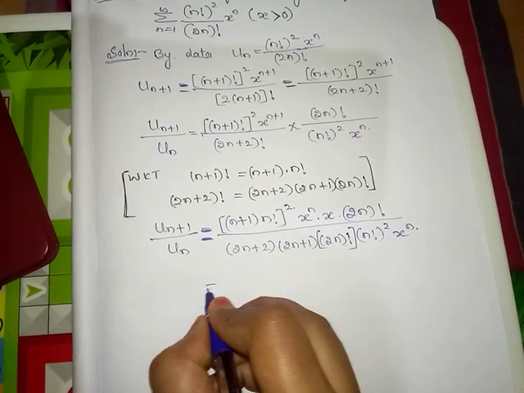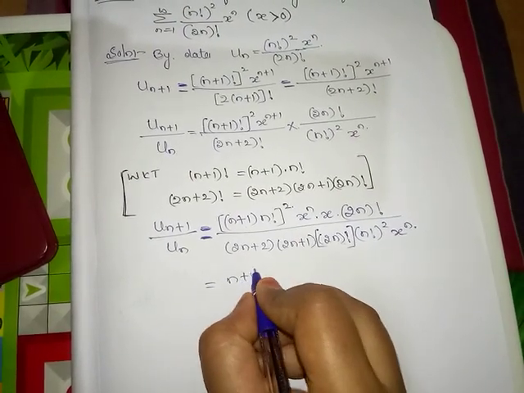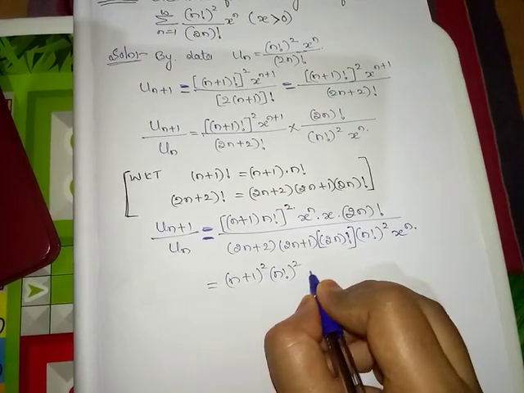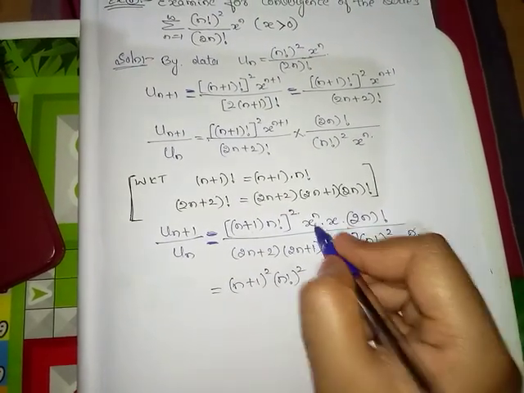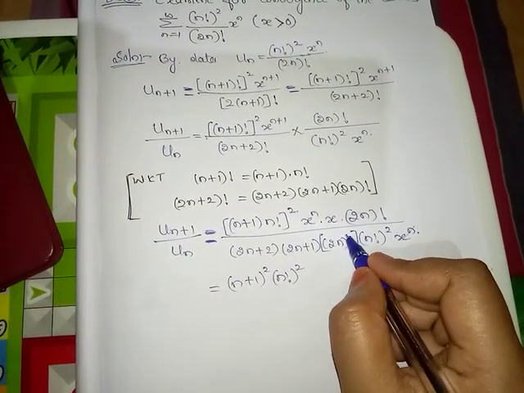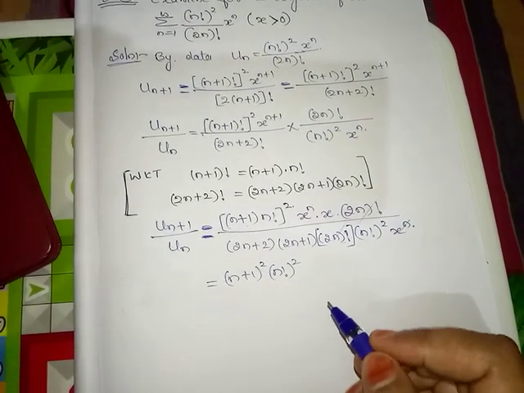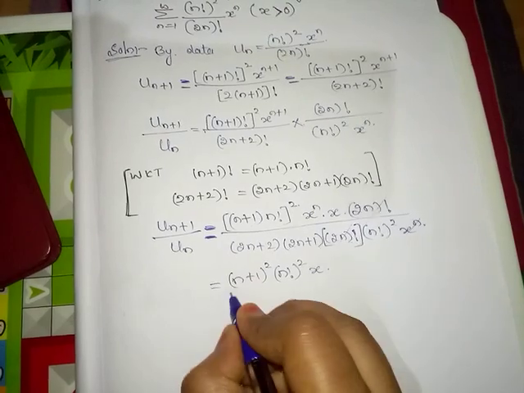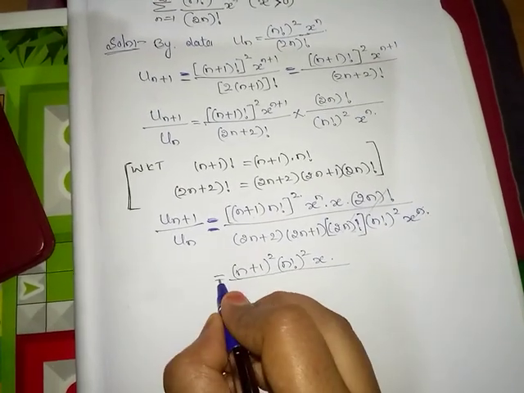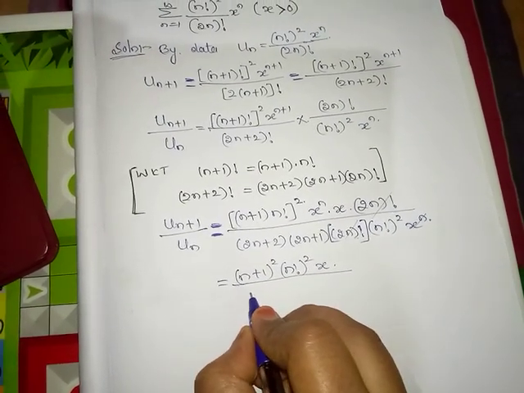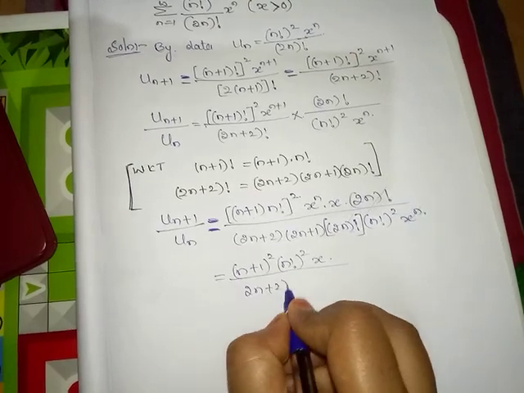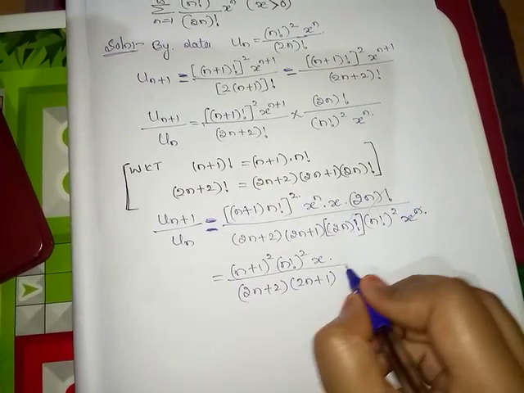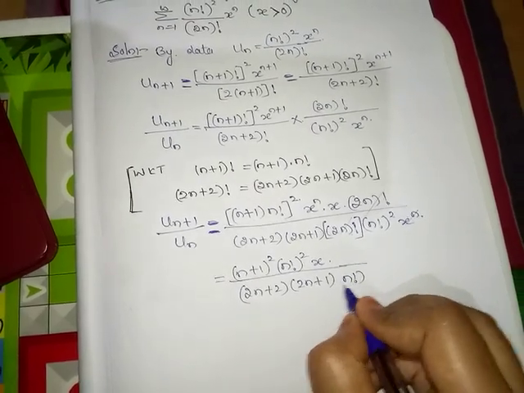Now I simplify this one. This will be n plus 1 whole square n factorial square. This x raised to n cancels with this one, and this 2n factorial cancels with this 2n factorial. The remaining is only x divided by 2n plus 2, 2n plus 1 into n factorial square.